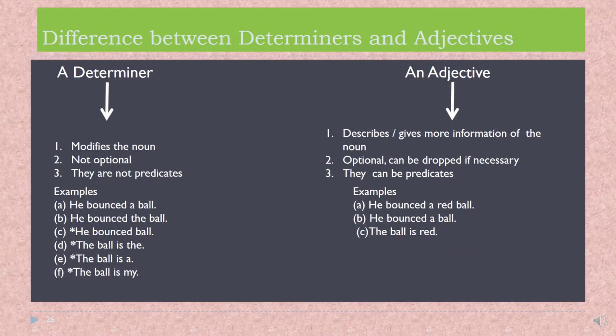Now the difference between determiners and adjectives. Determiners and adjectives are related in such a way that they both modify a noun or a noun phrase.